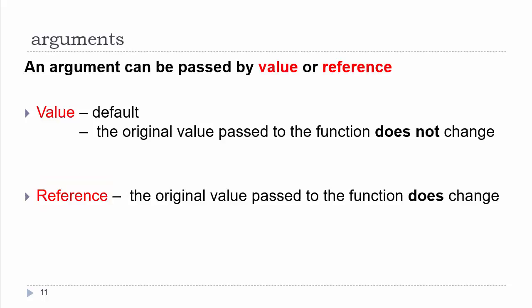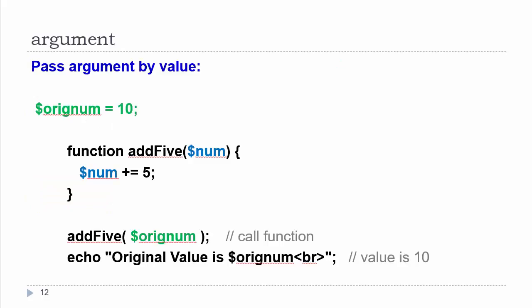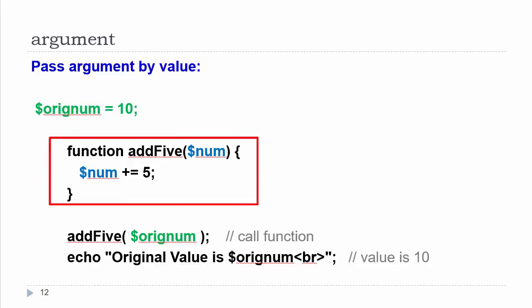So let's take a look at how this works. The default, an argument is passed by value. Here we have a function called add5 with one parameter. And what we're going to do, we're going to use the plus equal operator and add 5 to that value.